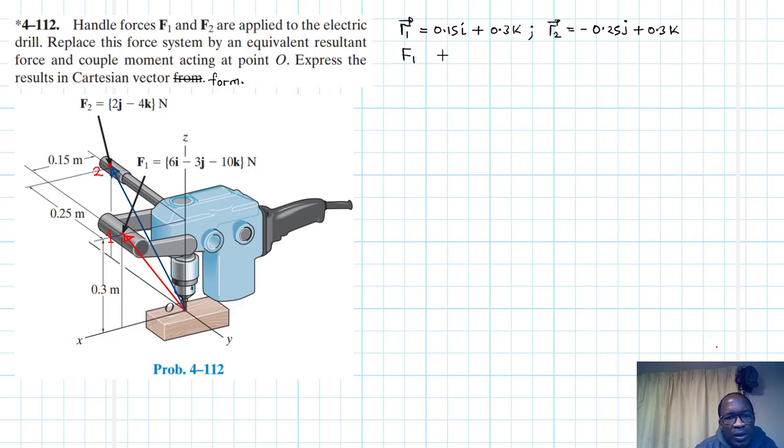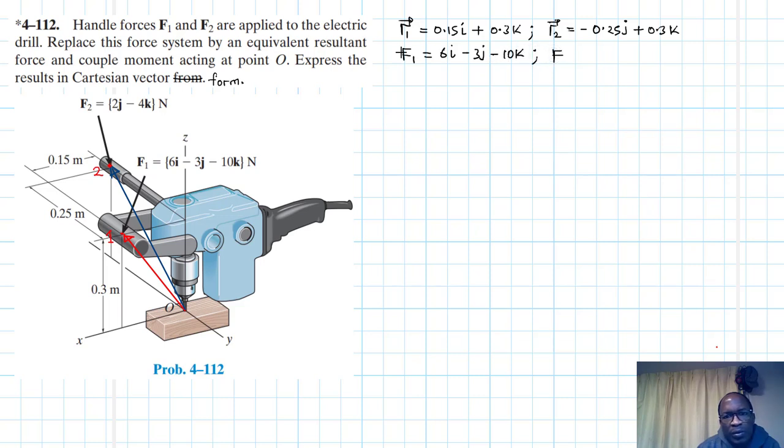So we have this, and we have also the forces. F1 is given as 6i minus 3j minus 10k.